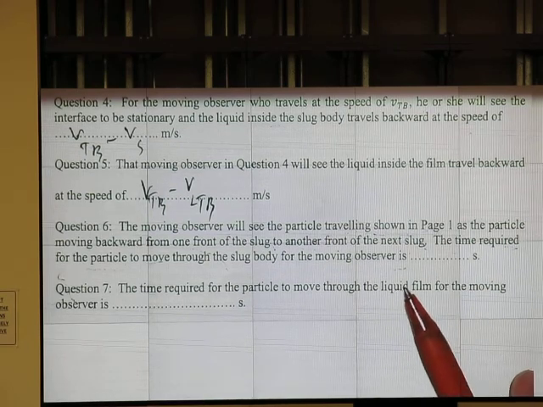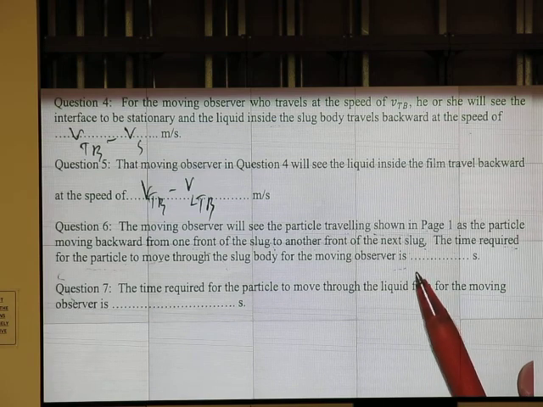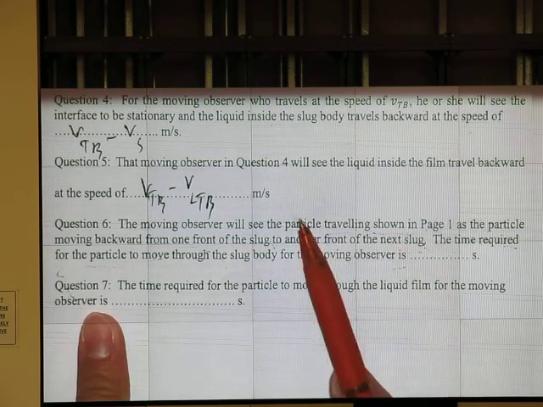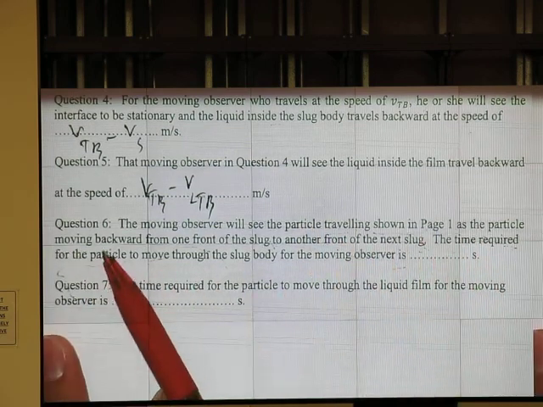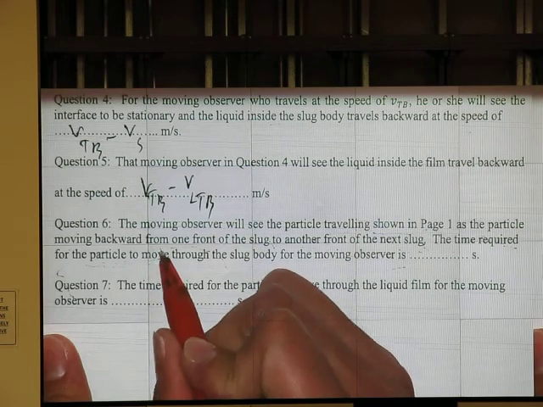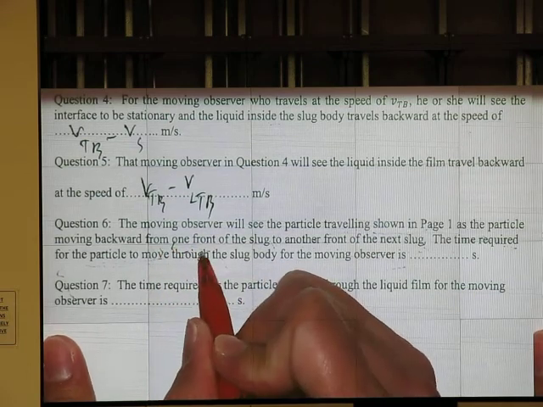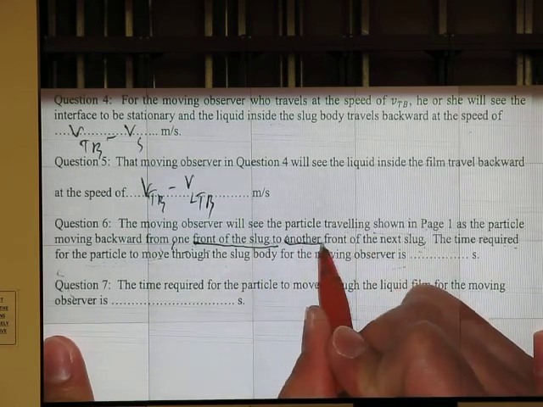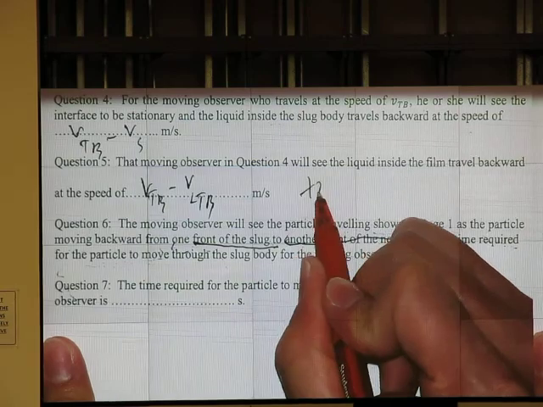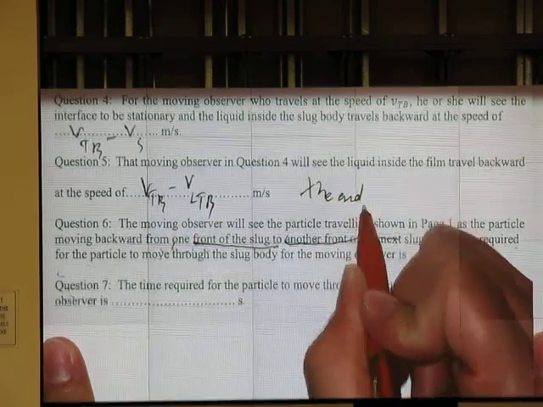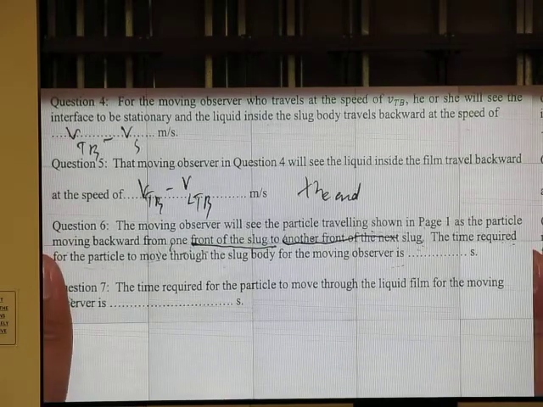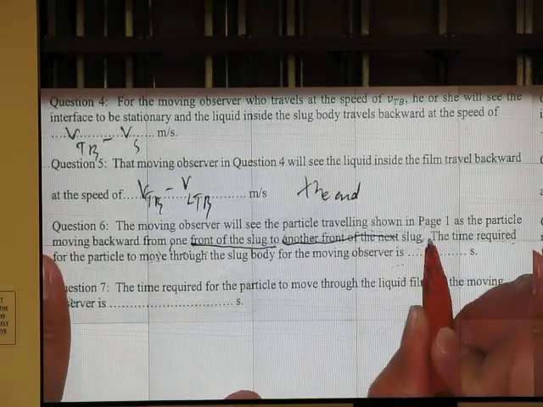So I am the moving observer. The particle moves slower. Let's do some correction. For the particle moving backward from one front of the slug to the end of the slug, the distance that it travels is Ls, right?